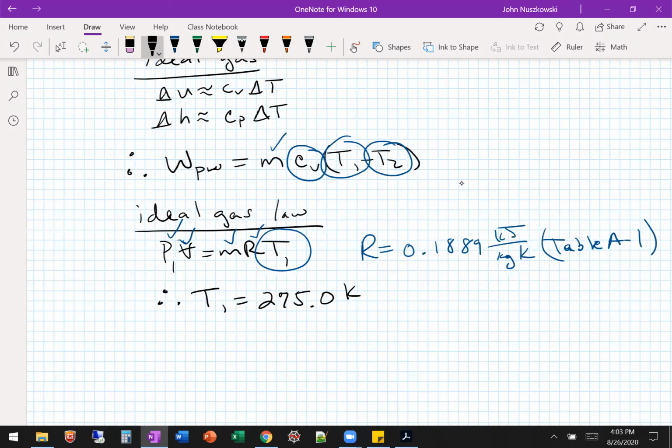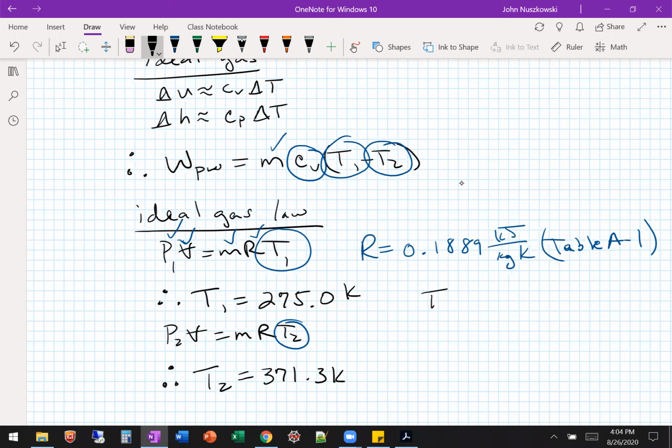Same equation, and our only unknown is T2. You could also, from that same equation, set what stays constant.